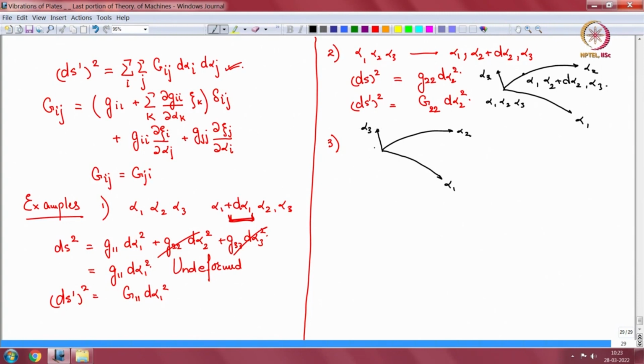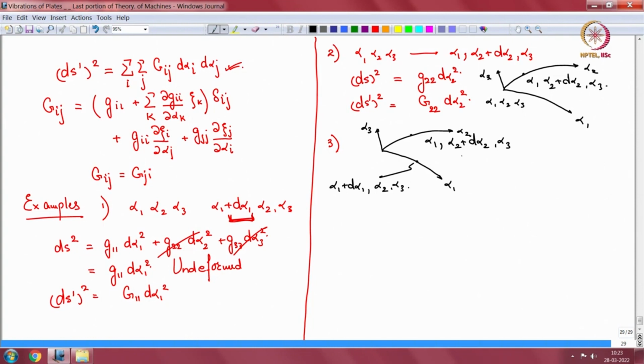So we have a point now at alpha 1, alpha 2 plus d alpha 2, alpha 3, and a point here which is alpha 1 plus d alpha 1, alpha 2, alpha 3.